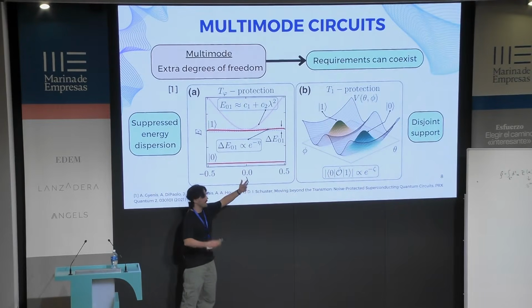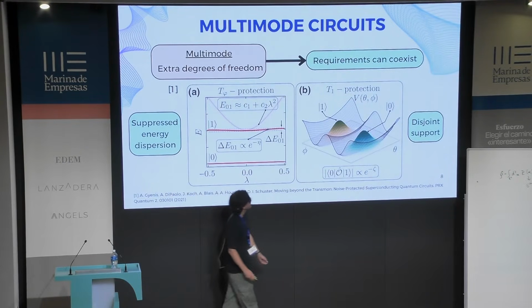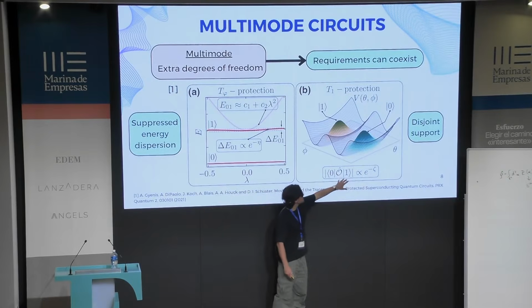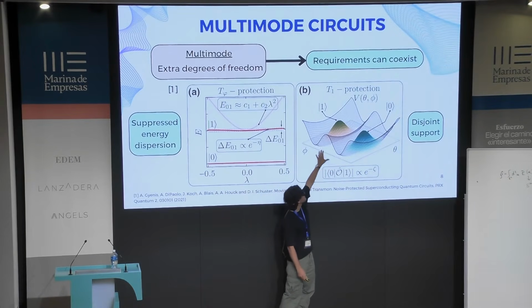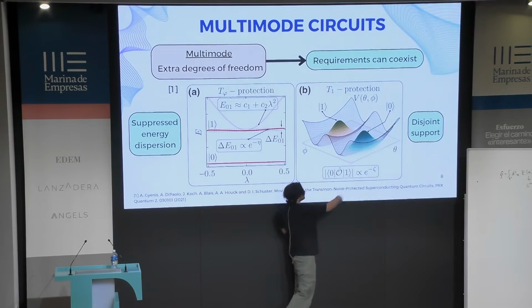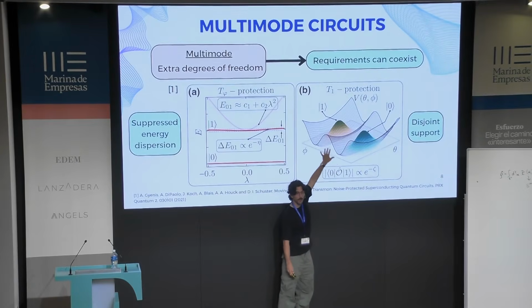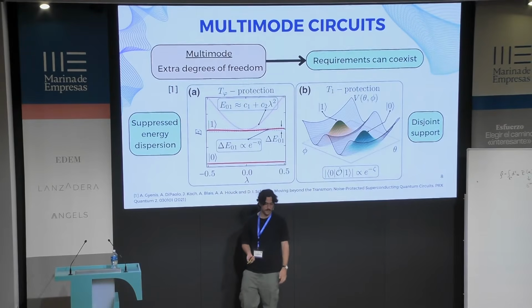This would be n or phi in each case. And here, this is the most important one. Since we have an extra degree of freedom, we are basically unlocking a new dimension where we can allocate this other wave function. So both are extended in the parameter space, but now they do not overlap because they have an extra dimension where they can be.